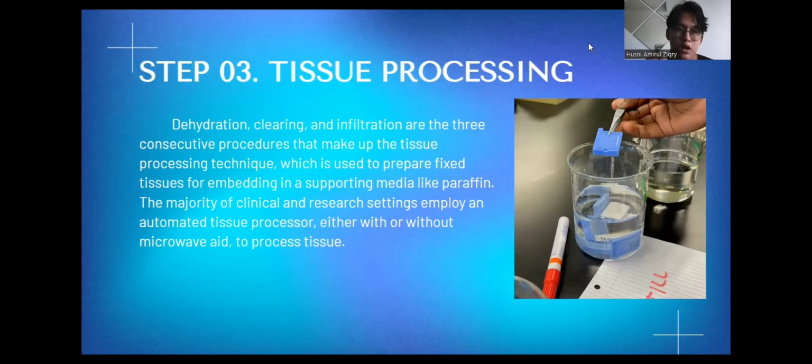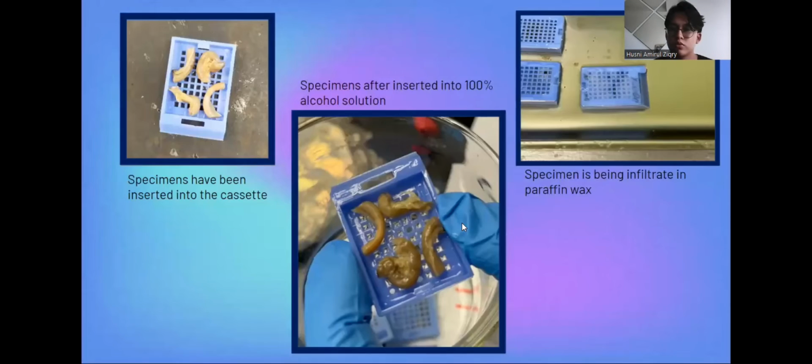This is after the dehydration process, which is the clearing process. So let's move to the next slide. As you can see, the first picture shows the specimen inserted into the cassette. This is before we start the tissue processing.